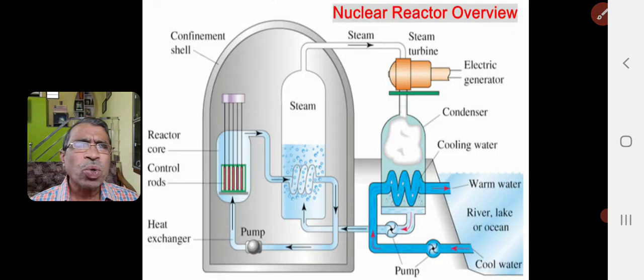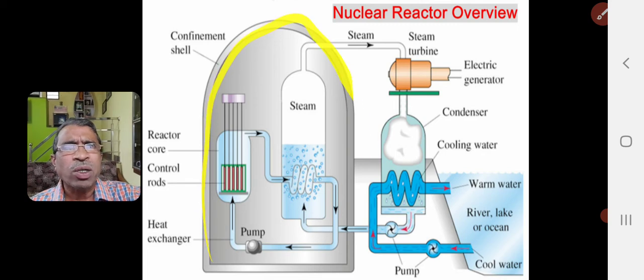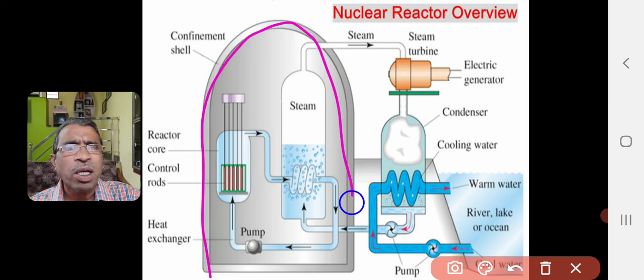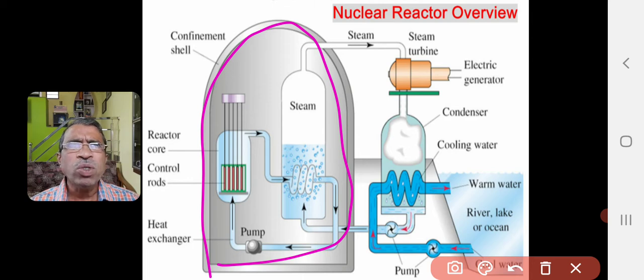Here is another nuclear reactor overview, shown in a similar way. This is the reactor core, and it is covered with concrete walls, that is the confinement shell.